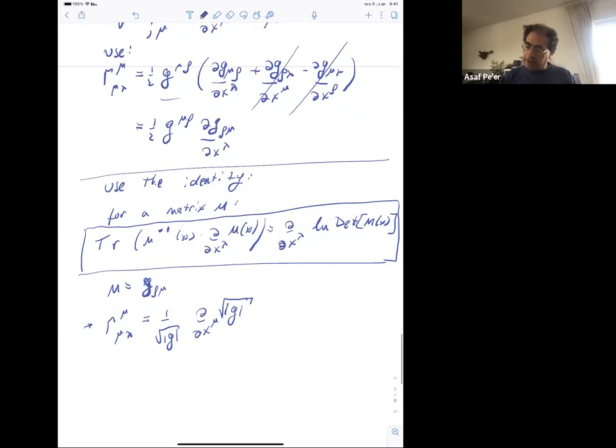And so with that, I can write the covariant divergence of a contravariant vector, V mu semicolon mu, as 1 over square root of G, d over dx mu of square root of G V mu.